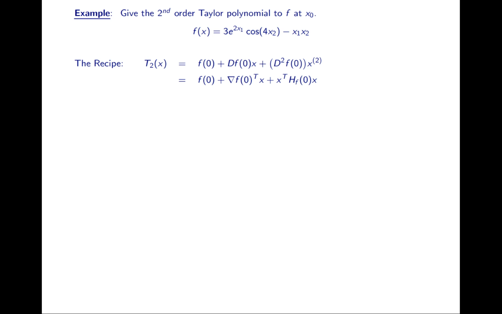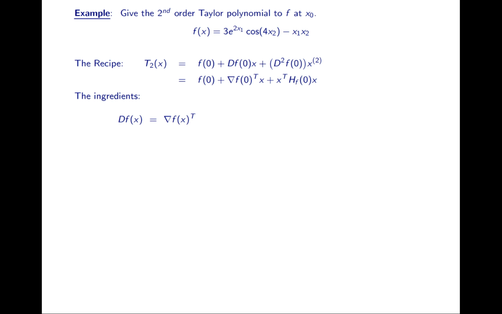And of course that literally means f of 0 plus the gradient of f at 0 transpose x plus x transpose the Hessian of f evaluated at 0 times x. So there's my recipe. Well, I need my ingredients.